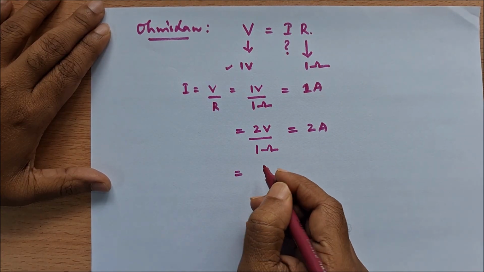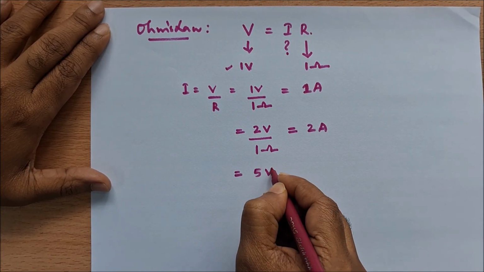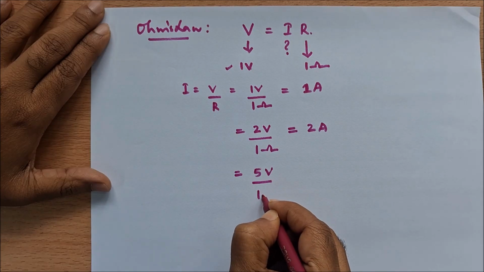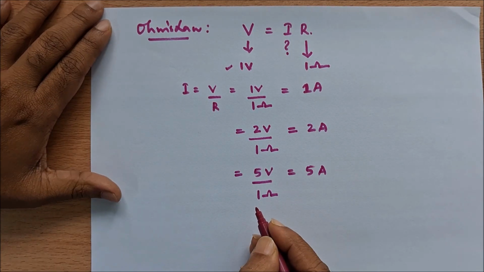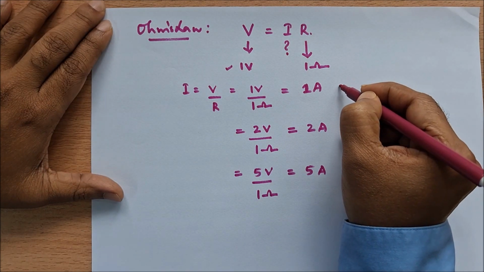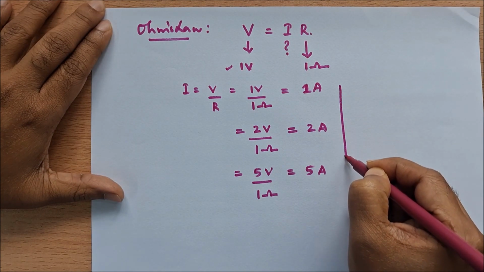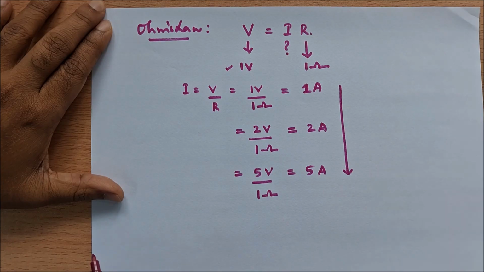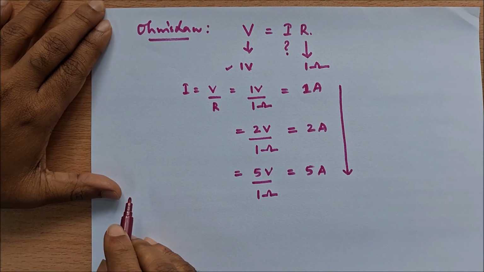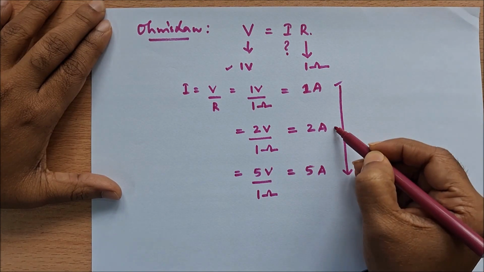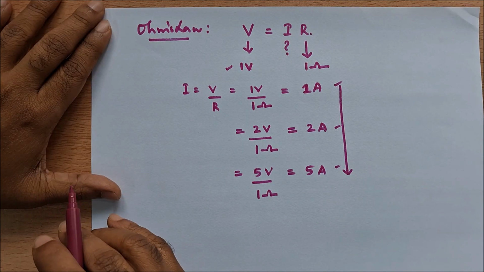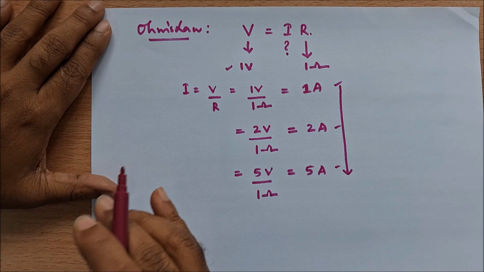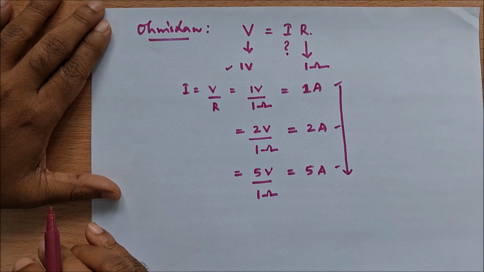Similarly, if I further increase the applied voltage to 5 volts, keeping the resistance the same, then I'll be getting 5 amperes. If we go through the trend and observe it, it is seen that as the voltage increases, so does the current flowing through the circuit. Similarly, if we reduce the applied voltage, then the current flowing through the circuit also decreases.